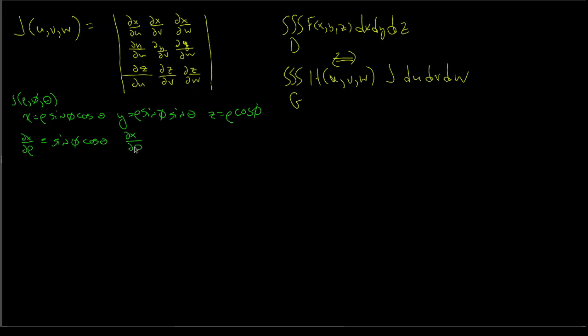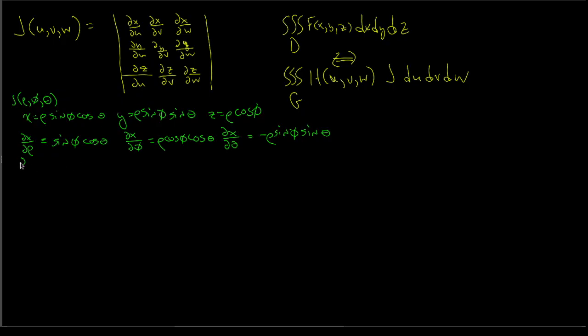X with respect to phi is rho cosine phi cosine theta. And x with respect to theta is negative rho sine phi sine theta. Right? Taking each one of these.